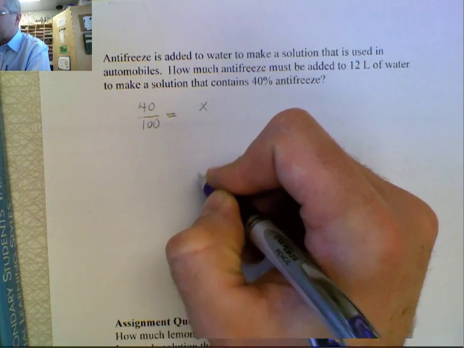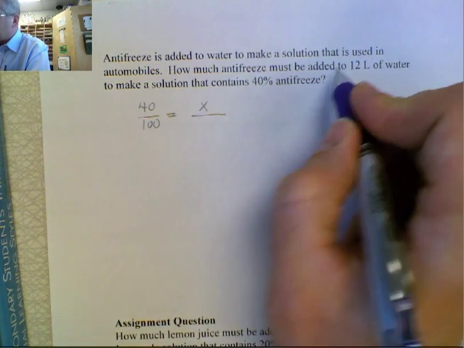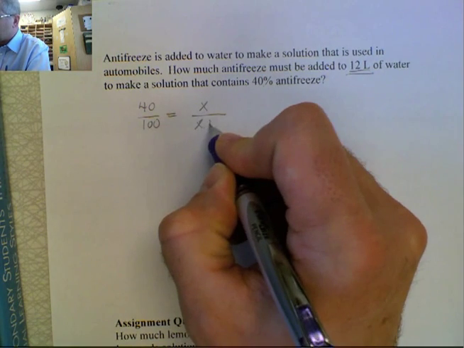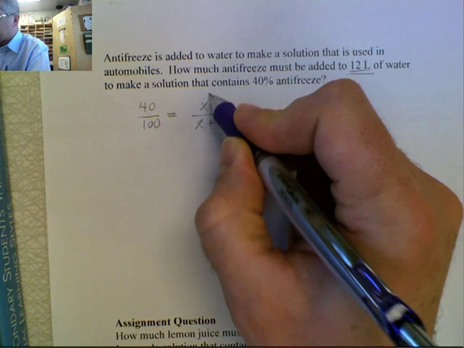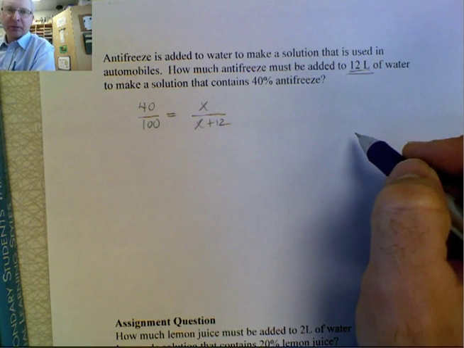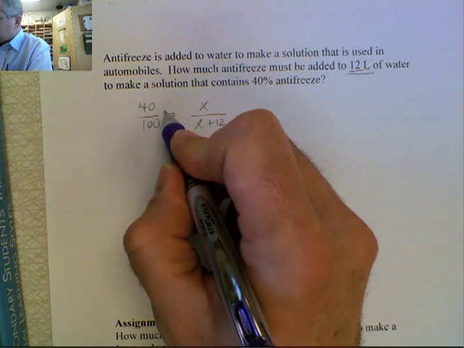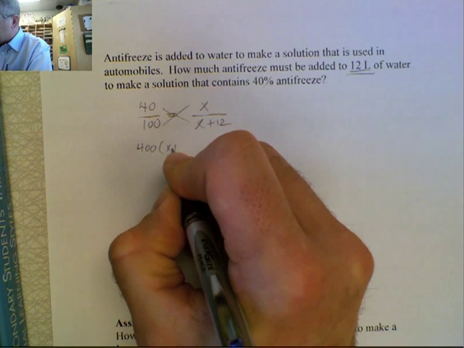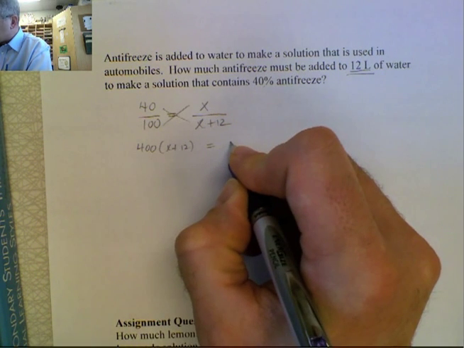So we're going to put antifreeze as X. We know we have some quantity of antifreeze plus 12 liters of water. And if you divide this out, it should give us a fraction that is equal to 40%. Now we have a fraction equal to a fraction, so we can actually cross multiply in this situation.